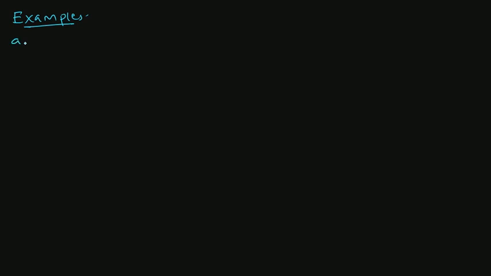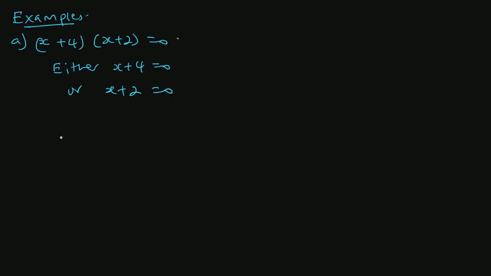Okay, A, we want to solve for x. We are solving for x in everything here. So we have x plus 4 into x plus 2. These are already factors. So here we'll just say for all this to be equal to 0, then either x plus 4 equals 0, or x plus 2 equals 0.